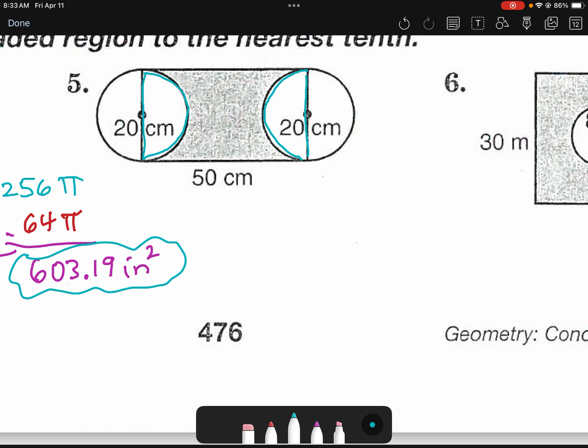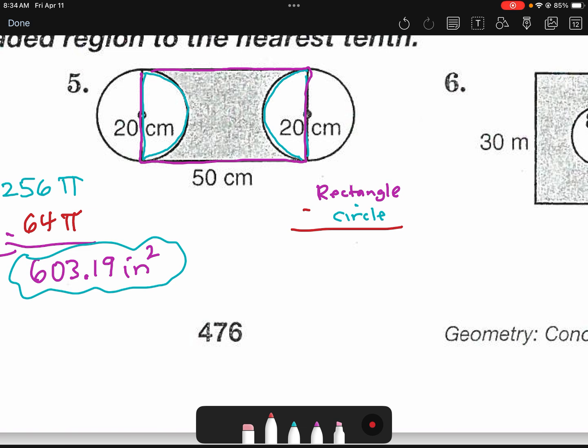So those 2 half circles make 1 full circle. The area of the big shape is a rectangle. So we want a rectangle, and we want to subtract from it 1 circle, because that's what those 2 halves come up with. 2 halves of a circle make 1 full circle.